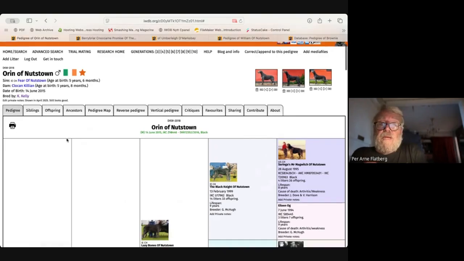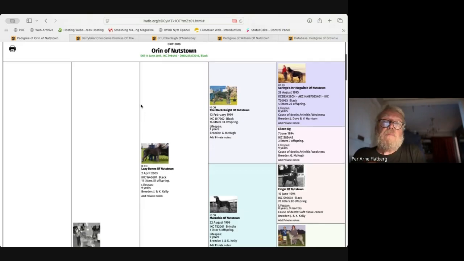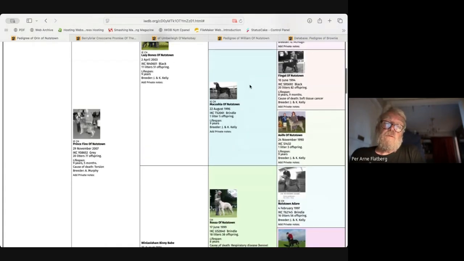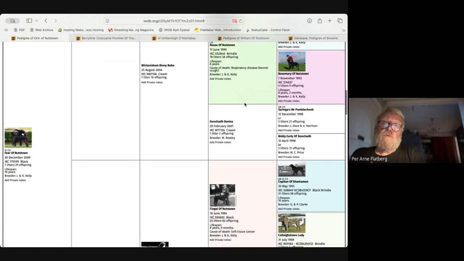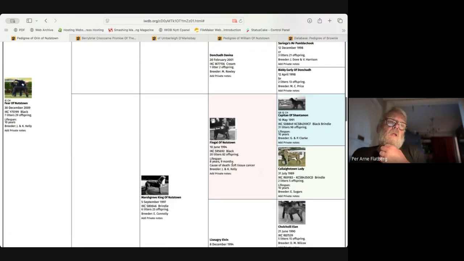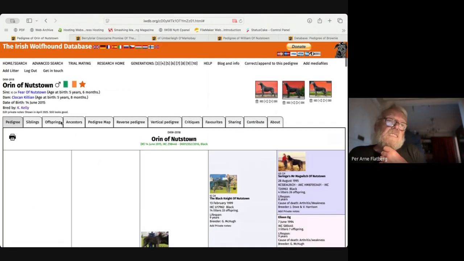Back on the main pedigree page, you will identify the ancestors that appear multiple times by the color behind their entry here. You'll see the Black Knight of Nutstone, Macushla of Nutstone, Ross of Nutstone, Rosemary of Nutstone, Fingal, etc., are all appearing multiple times in his pedigree. It doesn't necessarily mean that he's inbred.